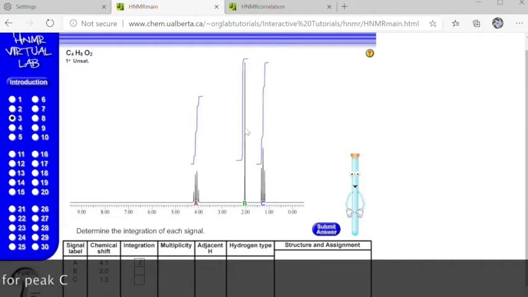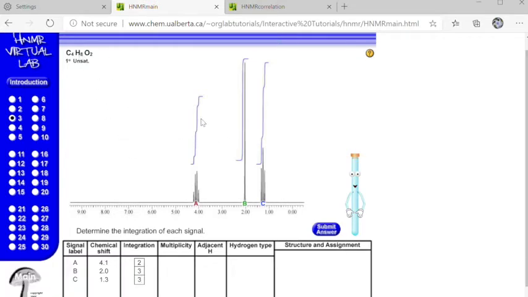And the second one is 2 inches times 1.45 hydrogens per inch, gives you 3, and so does the last one. So we can see that we're pretty much correct because we've got 8 hydrogens: the first one is an integration of 2, the second one was integrated to 3, and the last one was integrated to 3.